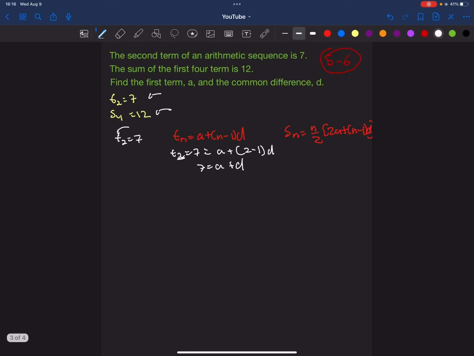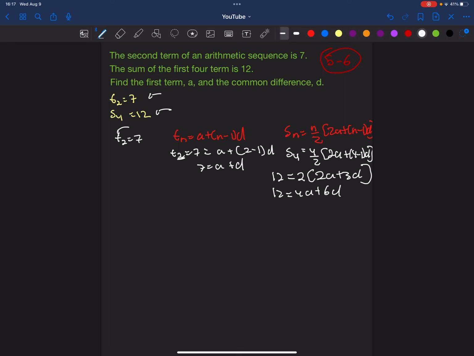So if we know that S4 is equal to 4 divided by 2 times 2a plus 4 minus 1 times d, S4 is also equal to 12. So 12 is equal to 2 times 2a plus 3d. We're going to distribute the 2. So 12 is going to be equal to 4a plus 6d.